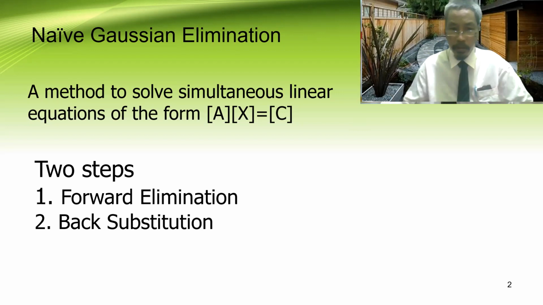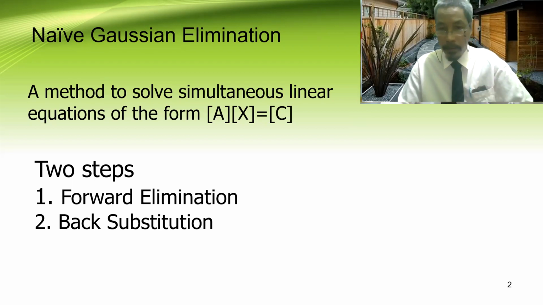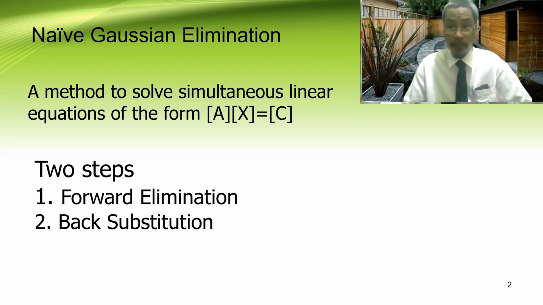If you multiply the matrix times X, as we know in advanced engineering math, it is just equal to some value or constant, which is a vector.